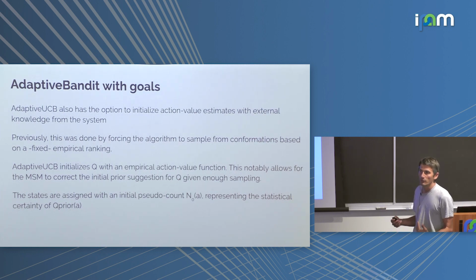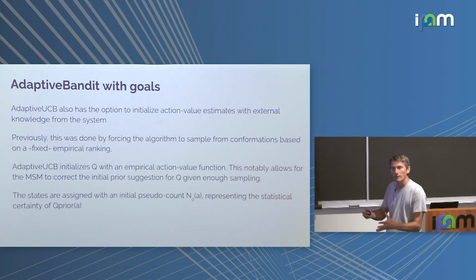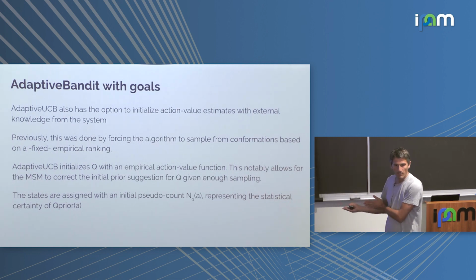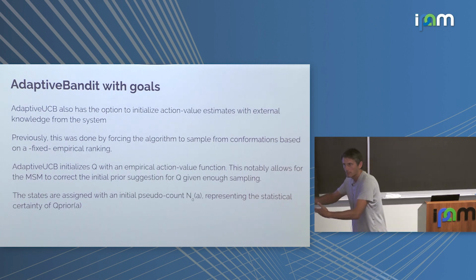So the way to say that you have contacts, for instance when you're doing a protein folding simulation, and that you want to favor these contacts, is that you set up a policy which favors those contacts, but then the policy gets updated by the algorithm. So if that assumption was wrong, with time the MD wins.